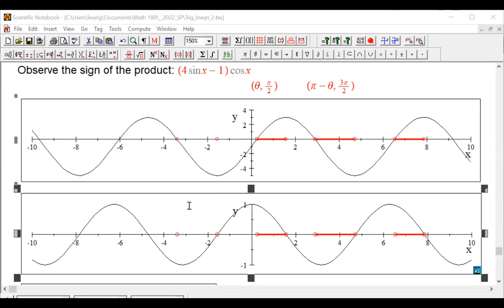They are the same point. I drew the picture on the same scale, so everything is lined up. This point is negative pi over 2, and this point is pi minus theta minus 2 pi. So now this interval is going to be a solution as well.